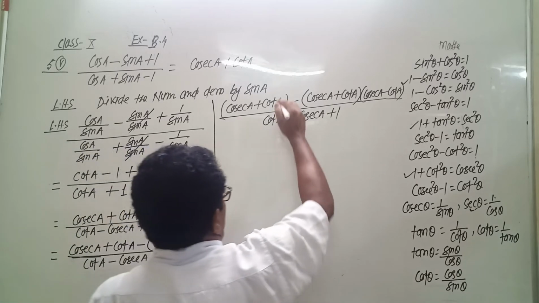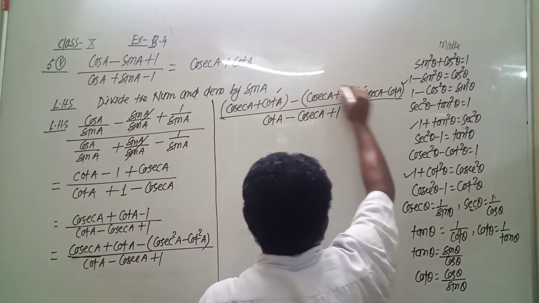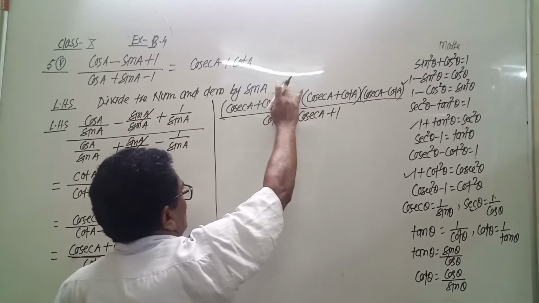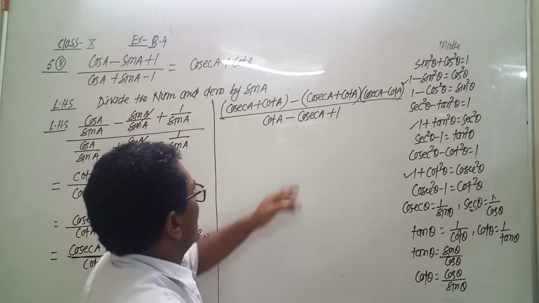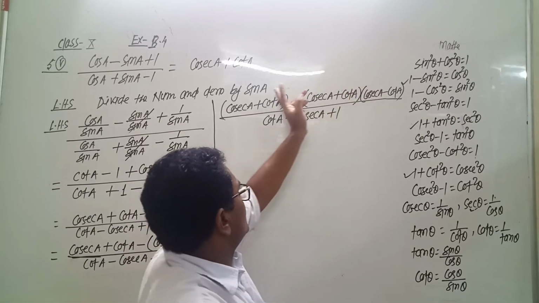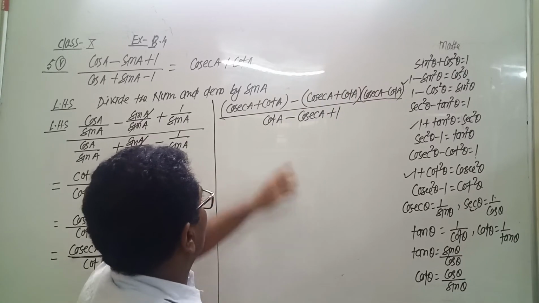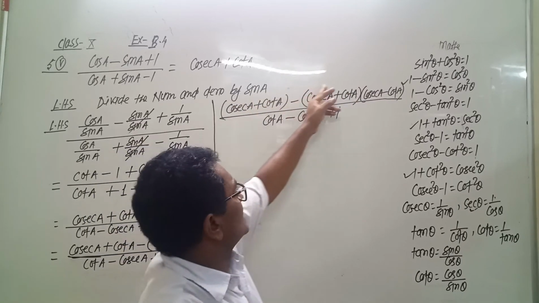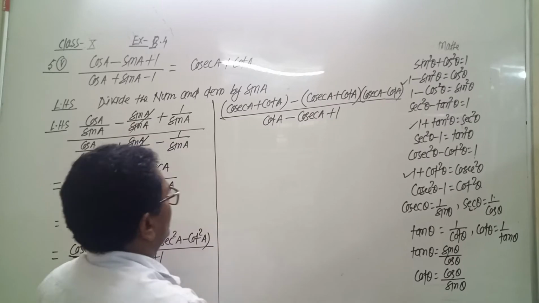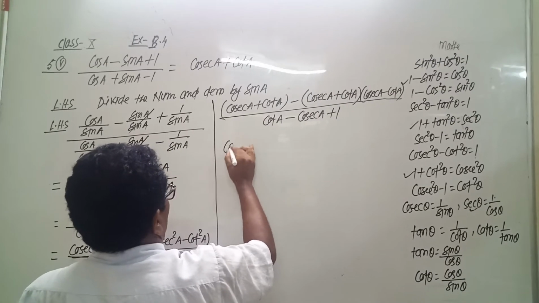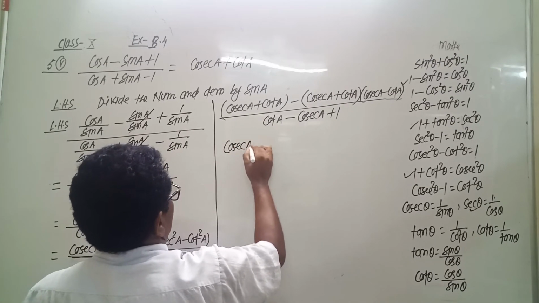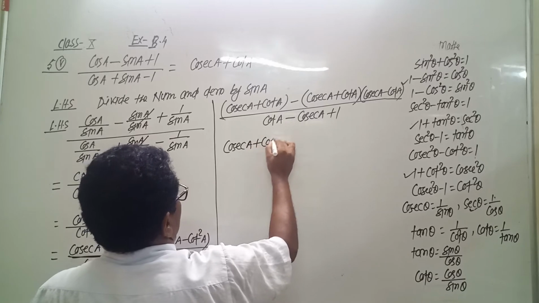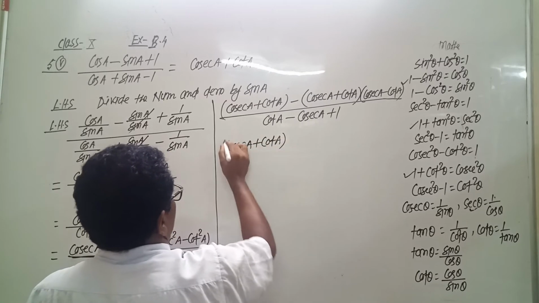Now from these two terms at the numerator place, you will take common. So cosec A plus cot A is common from both the terms.